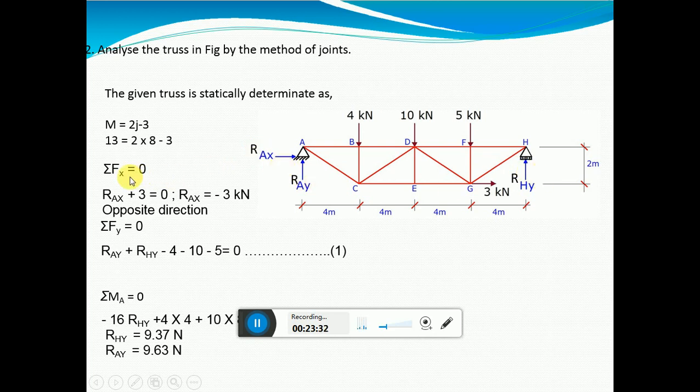Summation F of x is equal to 0. RAX is the force acting in the positive x direction, and there is a 3 kilonewton force acting in the positive x direction. So RAX plus 3 is equal to 0. Therefore RAX is equal to minus 3 kilonewton, in the opposite direction.